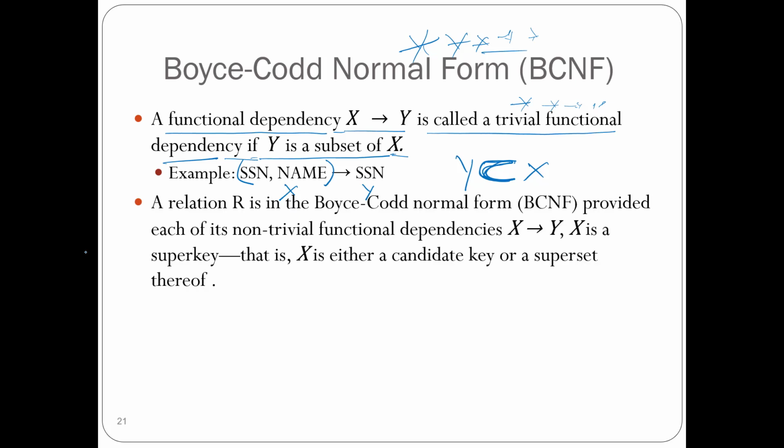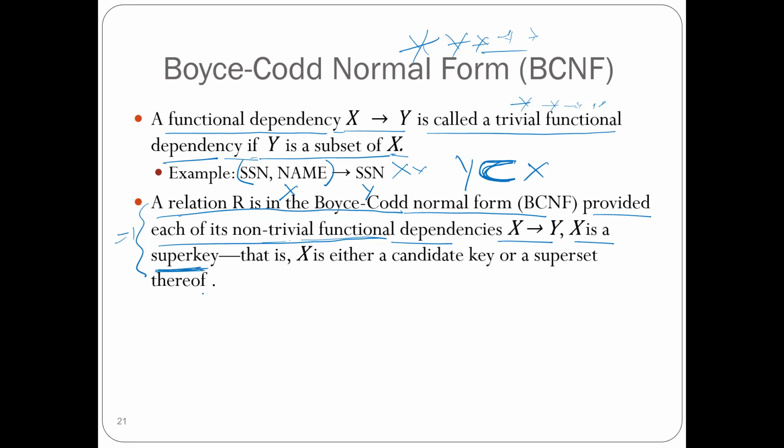Fine. Now, to the BCNF. A relation R is in BCNF, Boyce Codd normal form, provided each of its non-trivial functional dependencies, right? It should not be the trivial one, not like this. In BCNF, the functional dependencies should be non-trivial functional dependencies. So a relation R is in Boyce Codd normal form provided for each of its non-trivial functional dependencies X to Y, X is a super key.